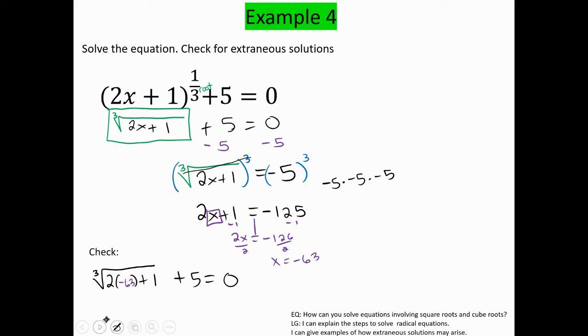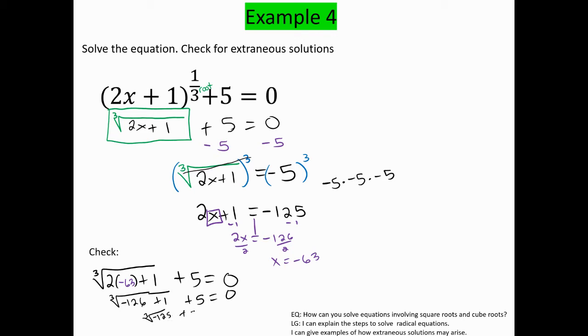Remember, you can do this step in your head. All right, so we're going to have the cube root. Well, we already know that negative 63 times 2 is negative 126 because we divided it and got 63. Then we're going to add 1, and then add 5 outside equals 0. We know that's going to be the cube root of negative 125.